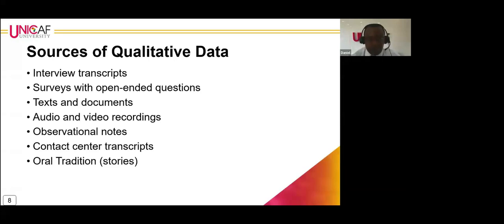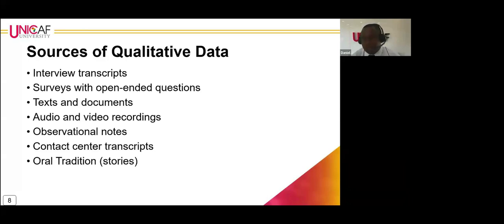The third source of qualitative data is texts and documents. This could be narratives, stories, textbooks, newspaper and journal articles. Audio and video recordings are also sources of data that we analyze in qualitative research.